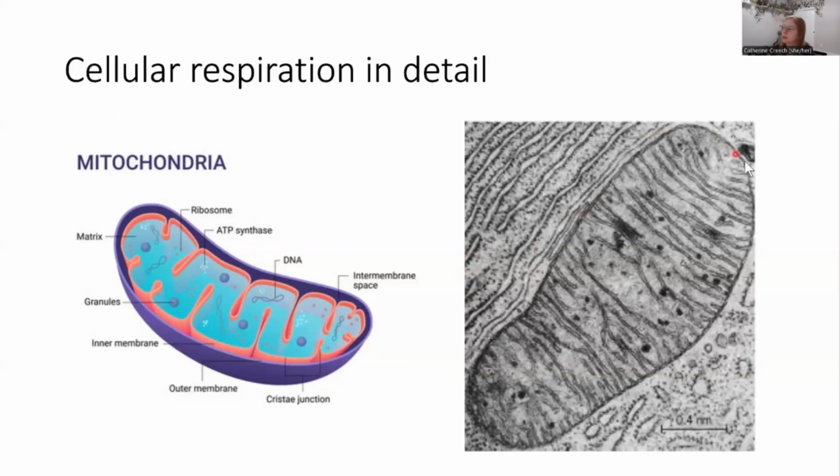This is a picture of a mitochondria from real life. This is a transmission electron microscope, which means this is real. And you can see the space between the inner and the outer membrane is quite small, but there is a little gap between them. And all the beautiful folds of the cristae are super long. When we draw them, they look kind of smaller, but they are very long and very numerous.